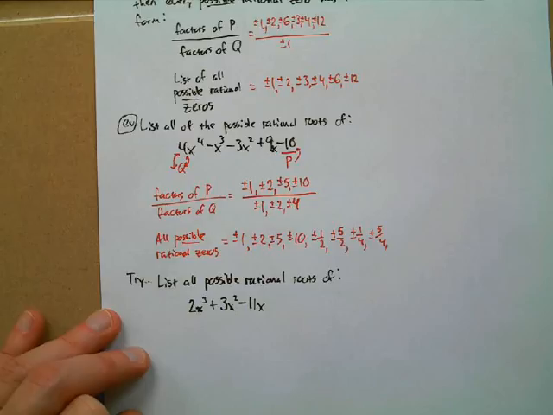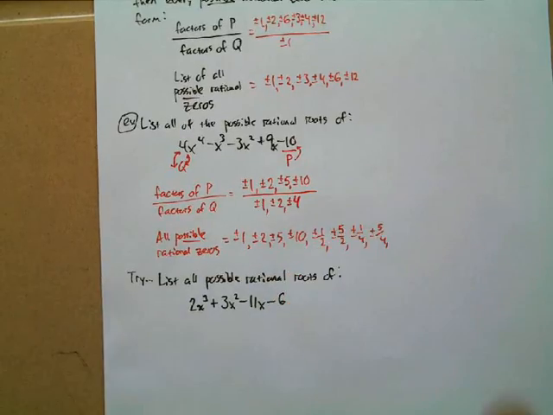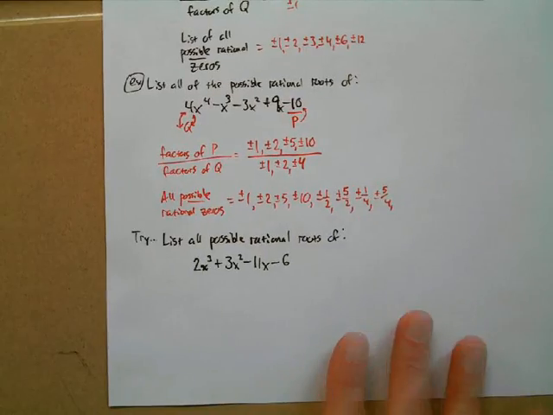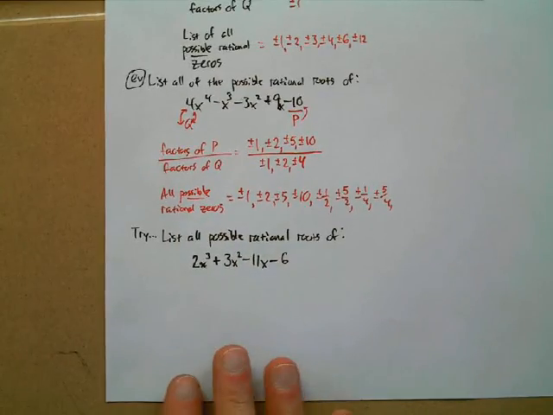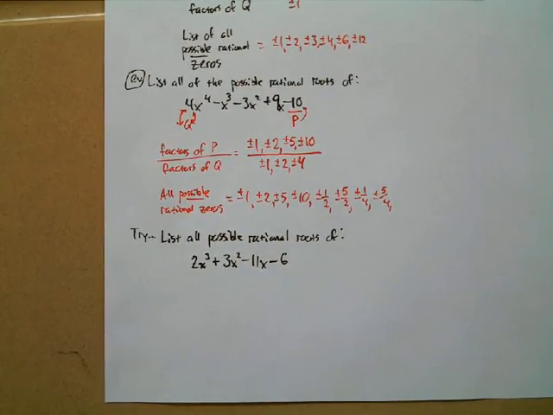Okay, so you all go ahead and try to do that. Just again, list all possible rational zeros, like we did here for the very last step. I'll come around and help you as necessary. That's what I want you to try. I'll give you a minute or two to work on that, and then we'll show you. Connor can give this one a try just to see if you can do it. And I'll show you guys how we're going to use that list of possible rational zeros.